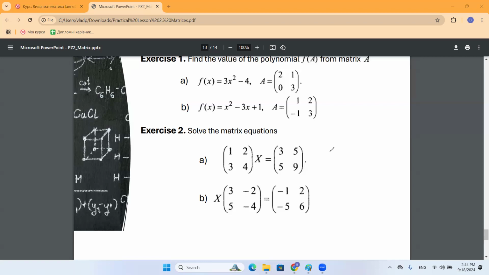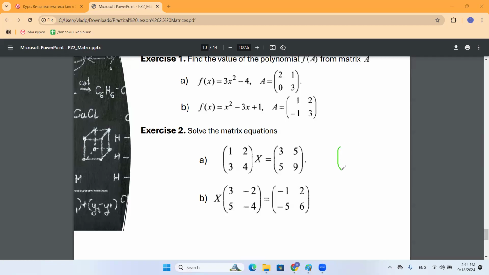There is no operation of matrix division. But what actually can you do? The alternative. You can multiply by the inverse matrix. And from which side? From the left or from the right? From the left, yeah.